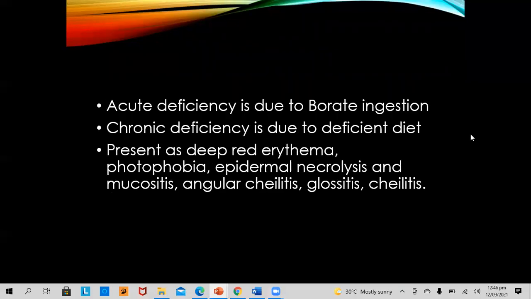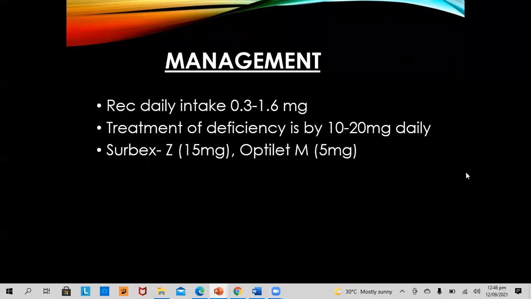Acute deficiency is due to borate ingestion, and chronic deficiency is due to deficient diet. It presents as deep red erythema, photophobia, epidermal necrolysis, and mucositis, angular cheilitis, glossitis, and cheilitis. Management.